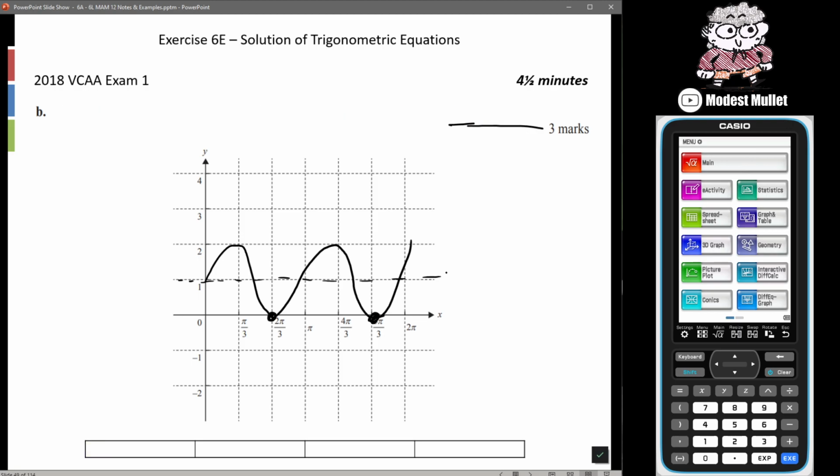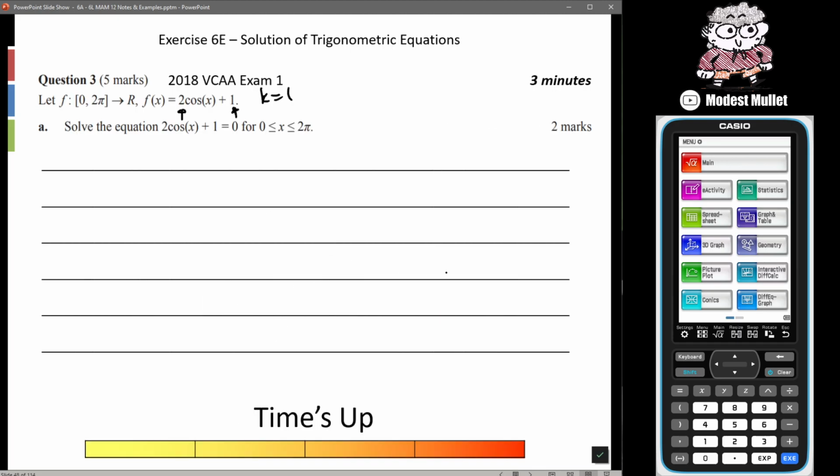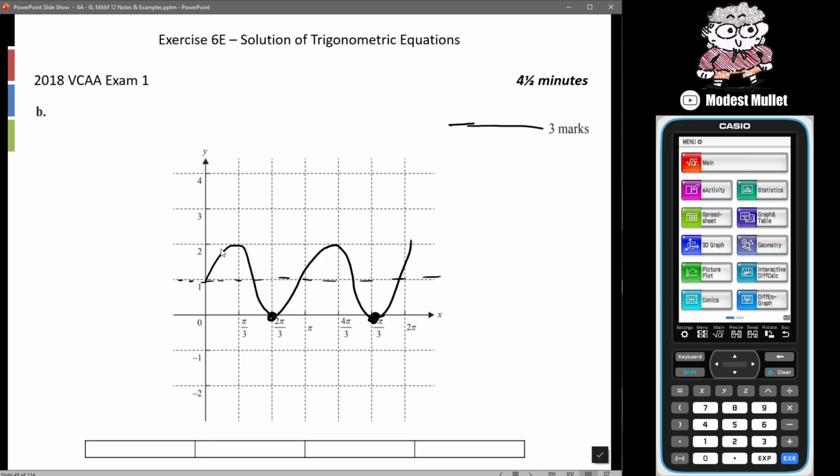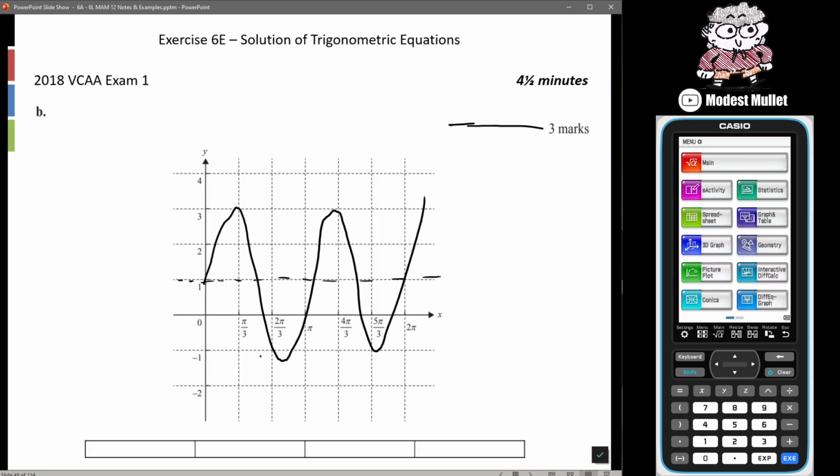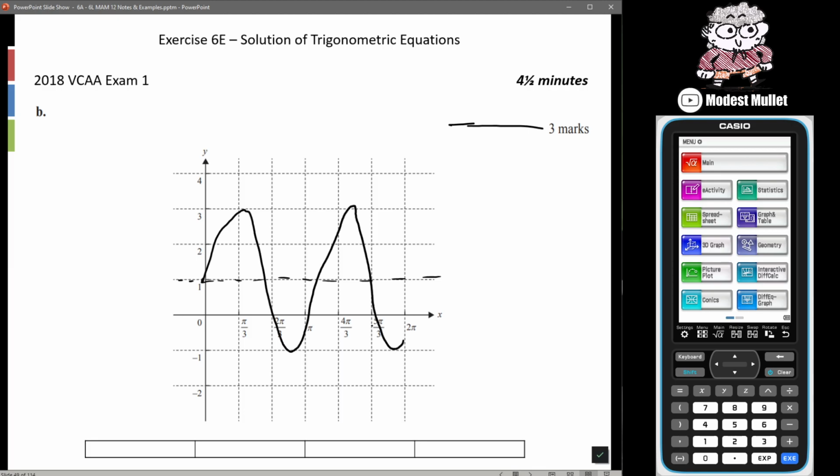And because, oh no, that's wrong, because its amplitude is 2, so even though it's been moved up 1, it's going to be something like that, and I've drawn that down too far. Up. So you'd also need to find those minimum points by letting y equal to -1 and then solving the equation as well. So heaps of work in there.